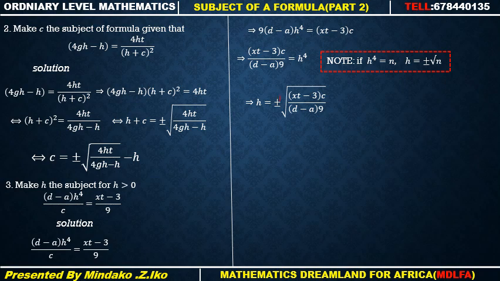H equals plus or minus the fourth root of xt minus 3 times c divided by d minus a times 9. So that is h.